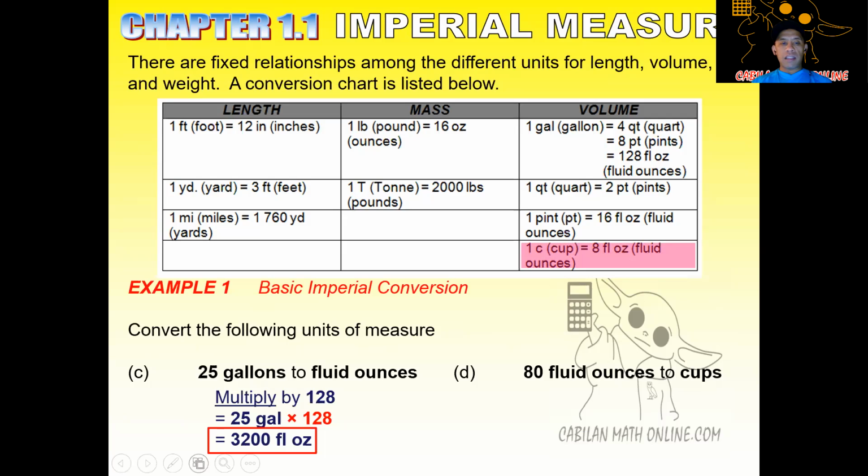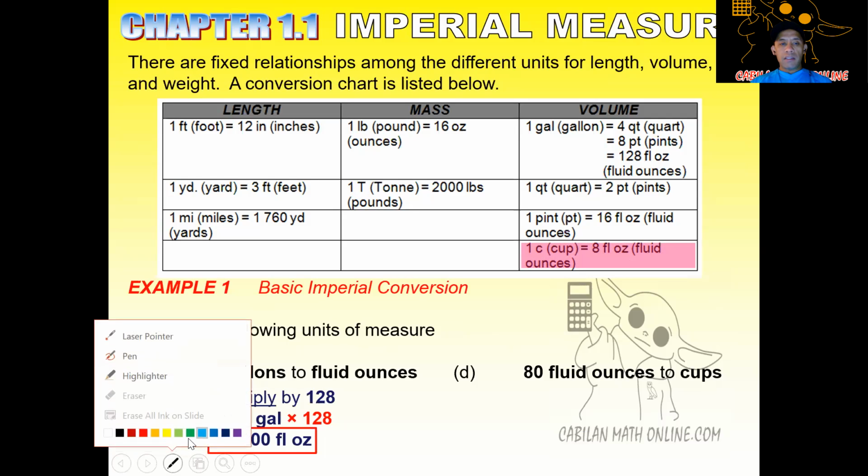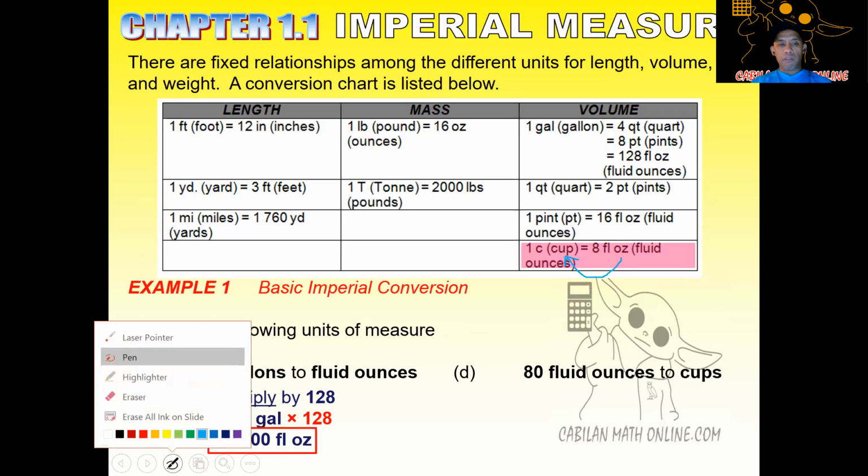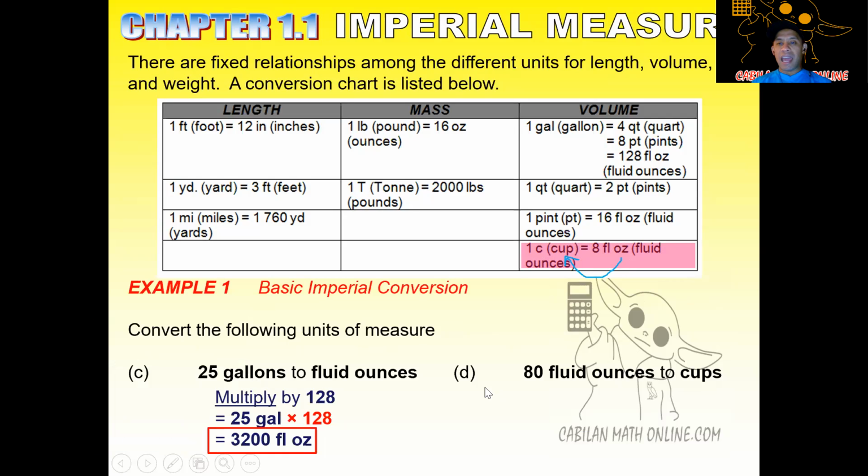Since we're going from fluid ounces to cups, we're going to be going backwards like so. So what's going to happen for this one is we're going to take the 80 fluid ounces and then divide it by 8. When you're looking at the conversion, see what unit is given to you, and then use the conversion to determine whether you need to multiply or divide.